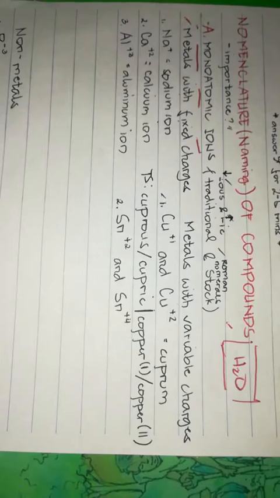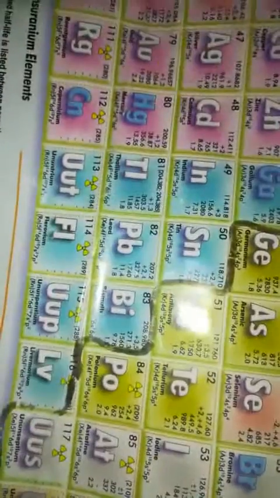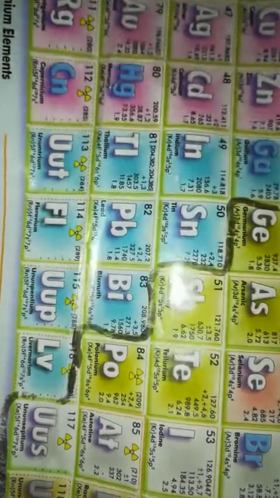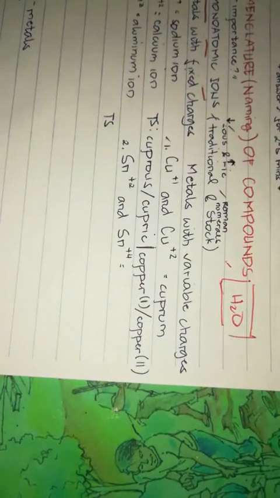Sn is tin. Number 50, if I'm not mistaken. Ayan, so si tin. May positive 2 and positive 4. So, using the traditional system, isulat muna natin ang kanyang Latin name. Sn is stannum.